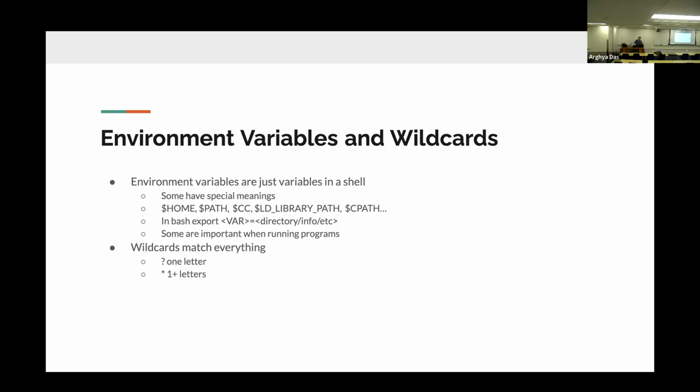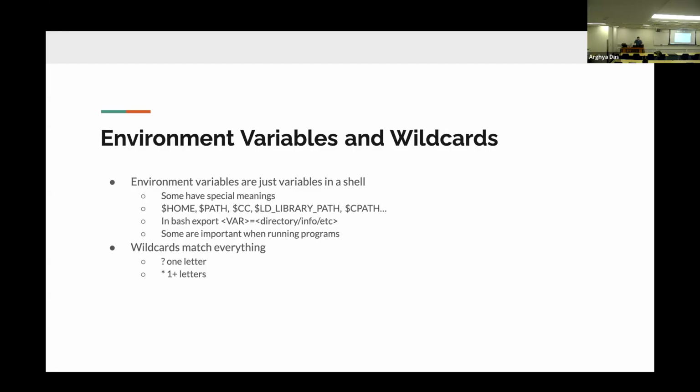A lot of compiler tools to help you compile programs, Makefiles, configure, CMake will let you set stuff like the CC, FC, CPP environment variables, which point to where your compiler is: your C compiler, Fortran compiler, C++ compiler. LD_LIBRARY_PATH is where your shared libraries are, and there's some other important ones, but those are just a smattering of some of the special ones.